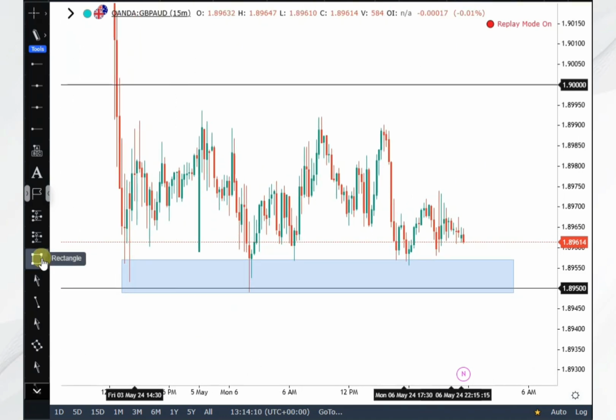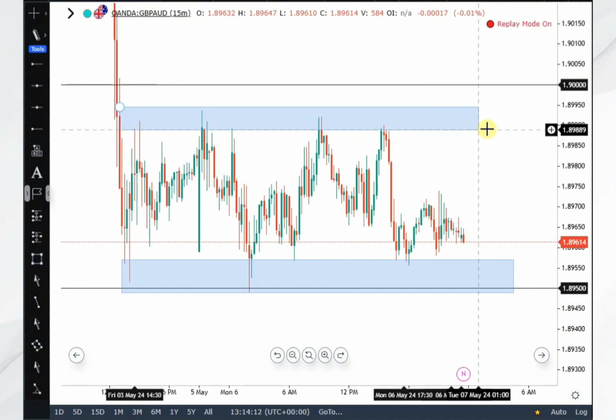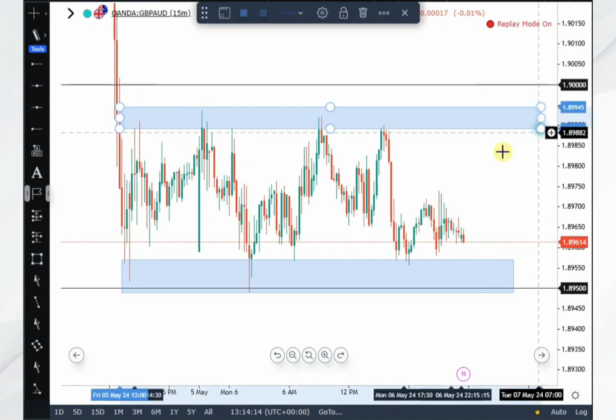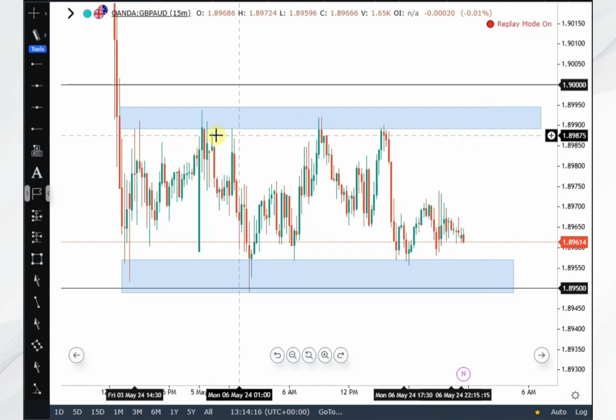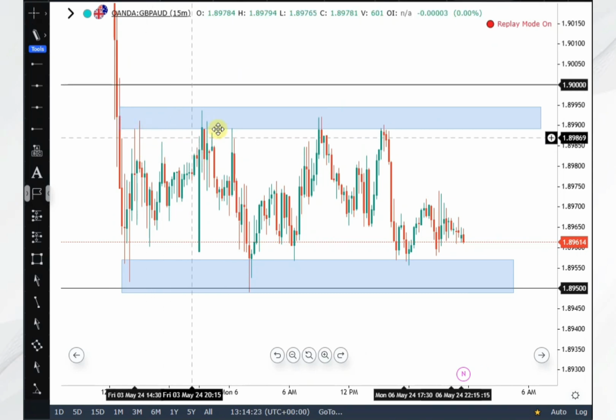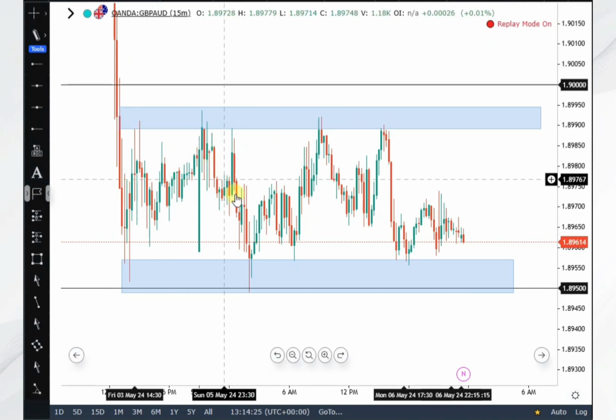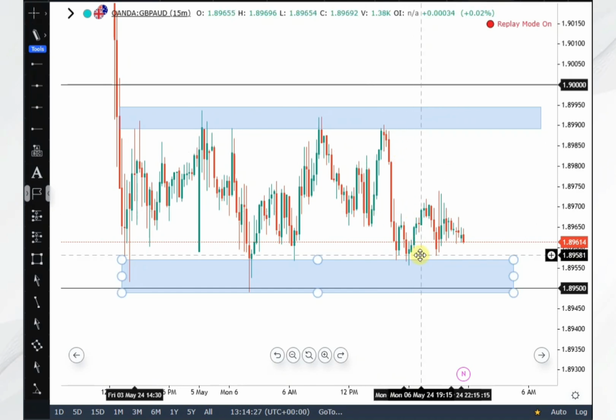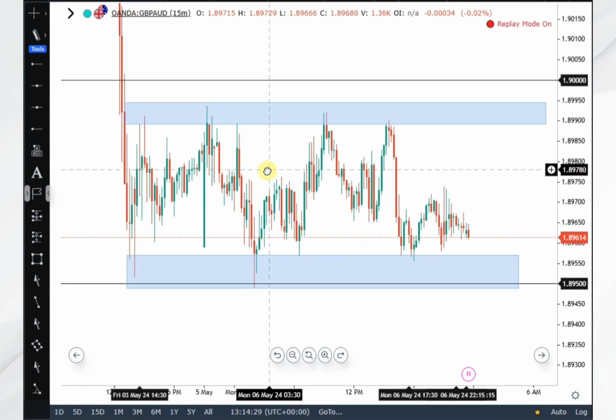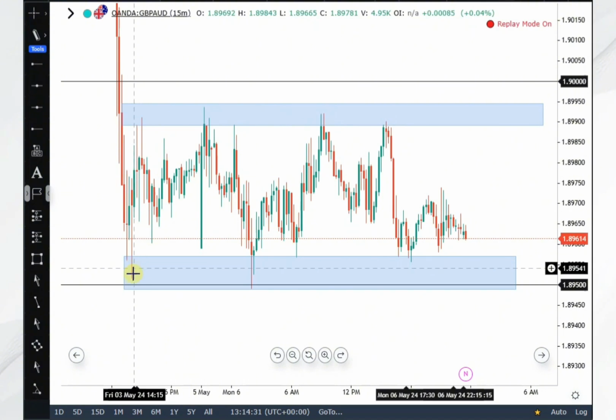As you can see also here, this is a resistance level, because price is coming to this point and failing to break above it. It comes up, comes back down, comes up, comes back down. So traders will buy at the low whenever price gets to that particular support level.